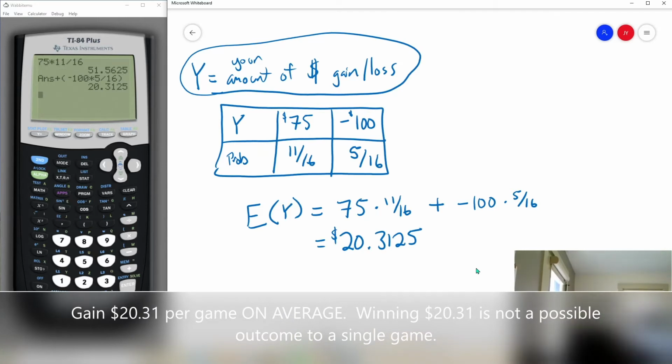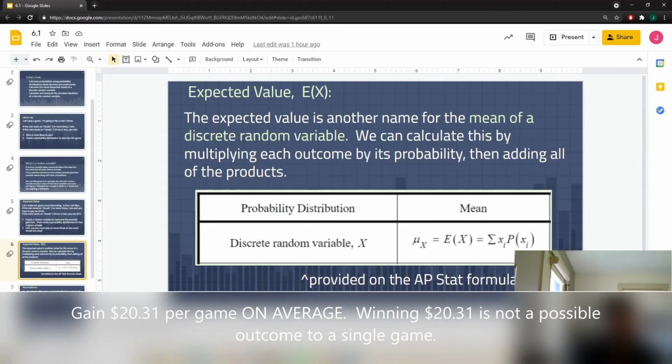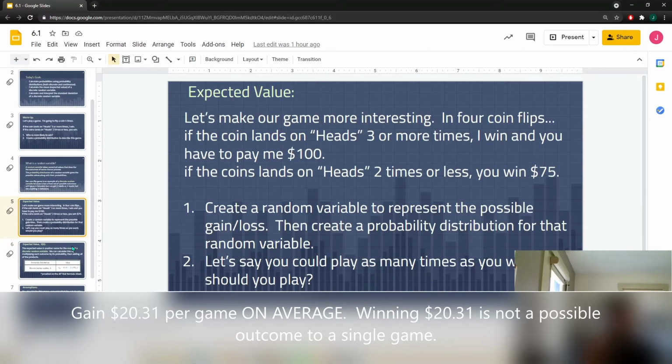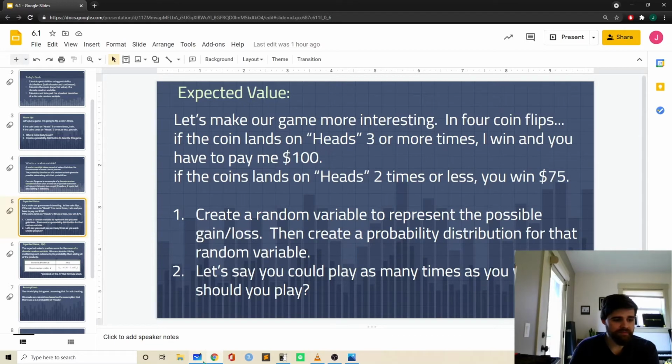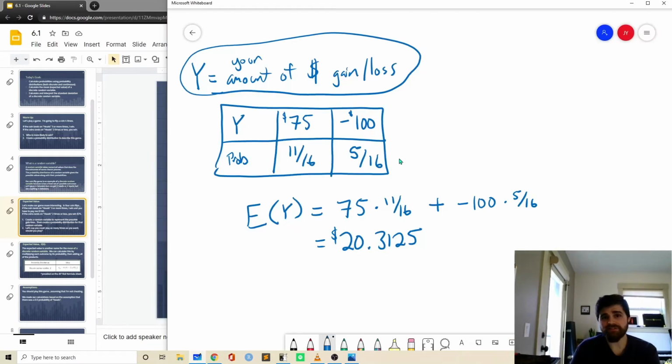Now, I should say, if I just told you you can play this game one time, would you play? Even though you have a better chance of winning, that's gambling, right? We don't have a guaranteed chance to win. There's a pretty good chance that you're going to lose $100. So playing one time by no means guarantees that you're going to win, even though the expected value is a positive number.